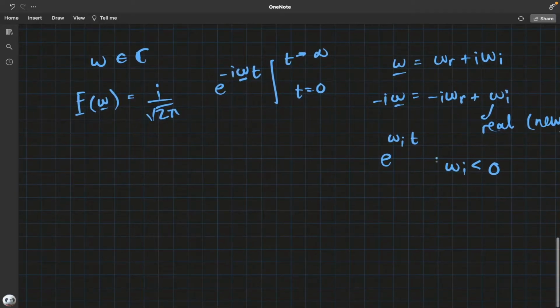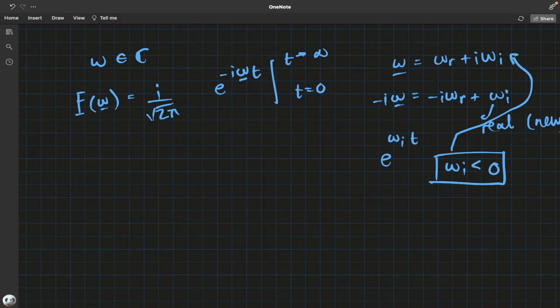So if we impose this condition into whatever omega is, or the placement of omega, then on top this will just go to 0, and on bottom this is just 1. I'll have a minus from that evaluation, and that's it.